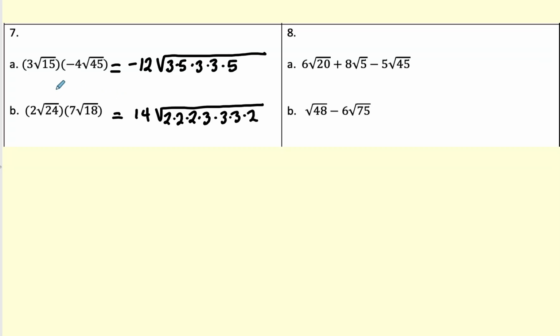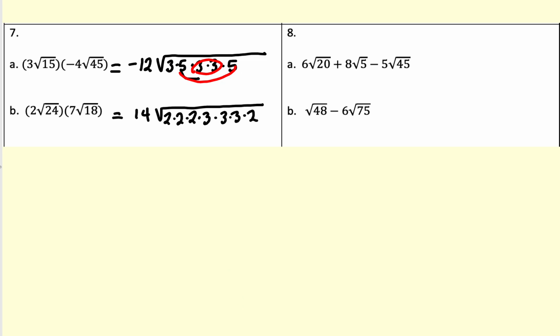Let's go ahead and multiply these. And when I multiply, while I'm writing, I'm going to put these 2 square roots together under 1 square root. I multiplied the 3 and the negative 4, negative 12, and I made the 15 into its factors, and I made 49 into its factors. So now I'm looking for groups of 2. So I have this group of 2 right here, this group of 2 here, and this group of 2 right here.